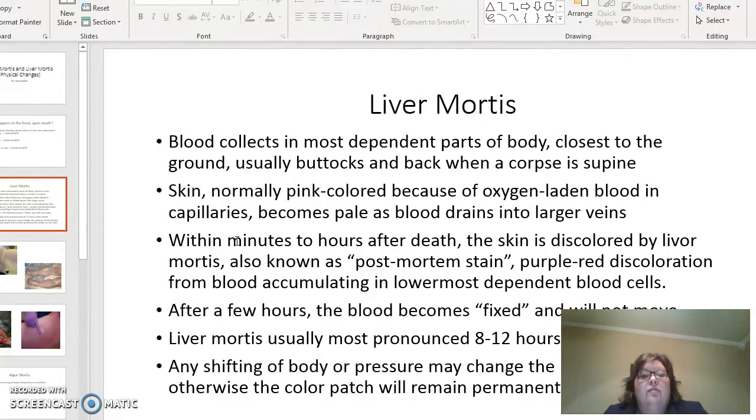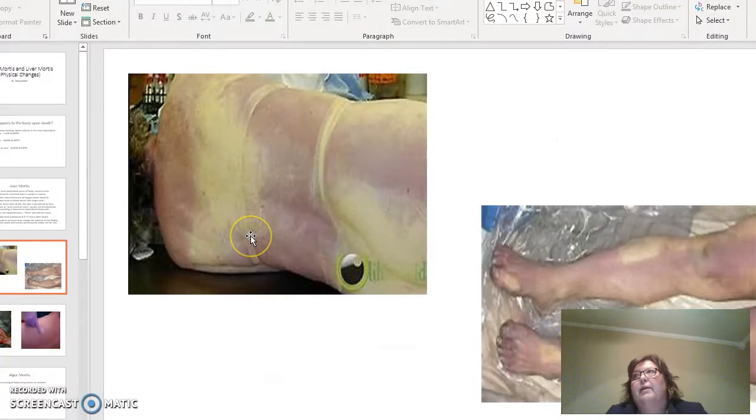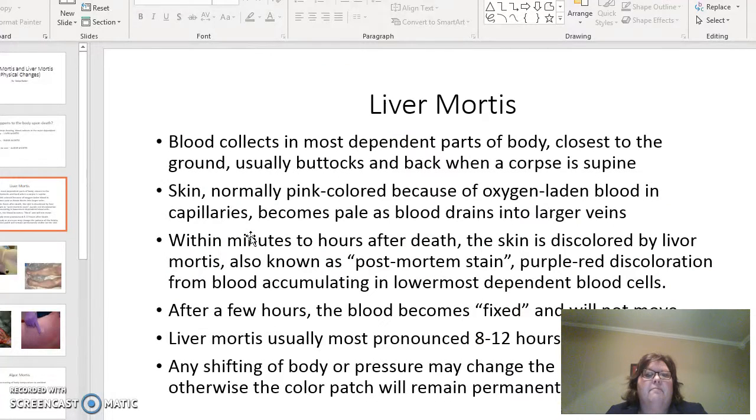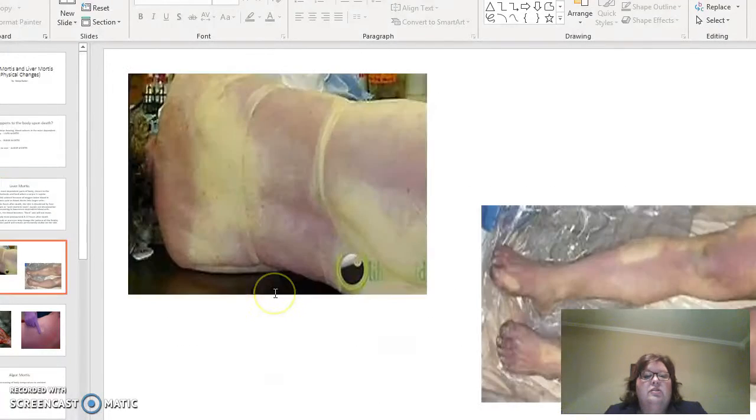The skin is normally pink because of the oxygen-laden blood in the capillaries, and becomes pale as the blood drains into the larger veins. Within minutes to hours after death, the skin is discolored, and this is also known as post-mortem stain. Livor mortis is usually pronounced 8 to 12 hours after death.